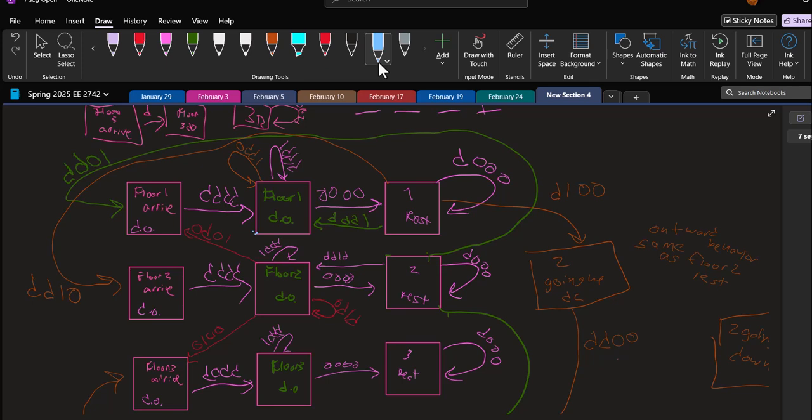We don't care if floor 3 is selected, because floor 2 is selected, so that's a 1. We have a 0 for floor 1. And then we go to floor 2 going up if we have a 0, a 1, a 0, and a 0.